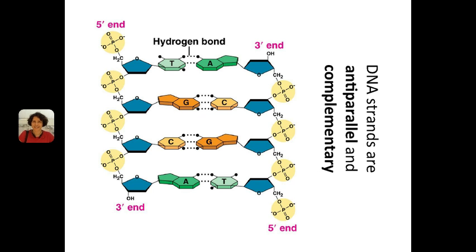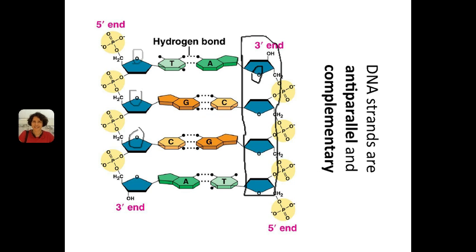The anti-parallel nature can be easiest observed by looking at the sugar molecules. So these are the deoxyribose sugar molecules in 4 nucleotides on one side of the double helix. Notice that the oxygens are pointing up in all of them. When we go to the opposite side, here, you notice that all the oxygens are pointing down.